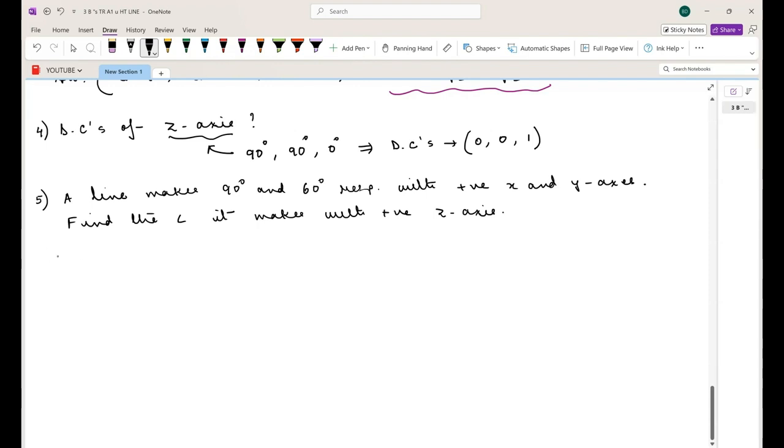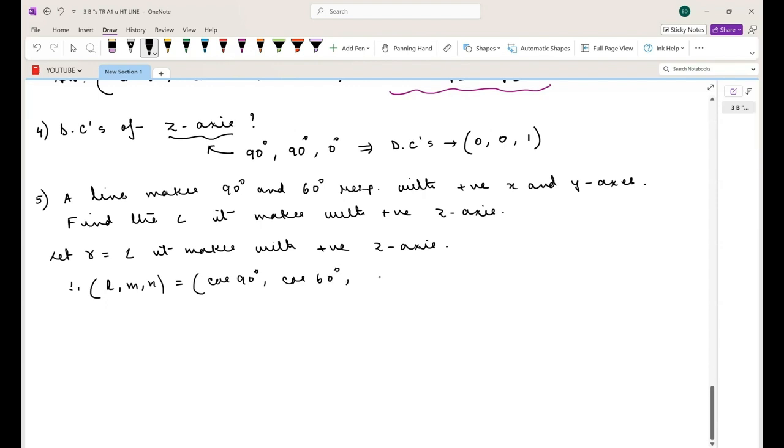Suppose gamma is the angle it makes with the positive z axis. Therefore, the DCs l, m, n are cos 90, cos 60, and cos gamma.